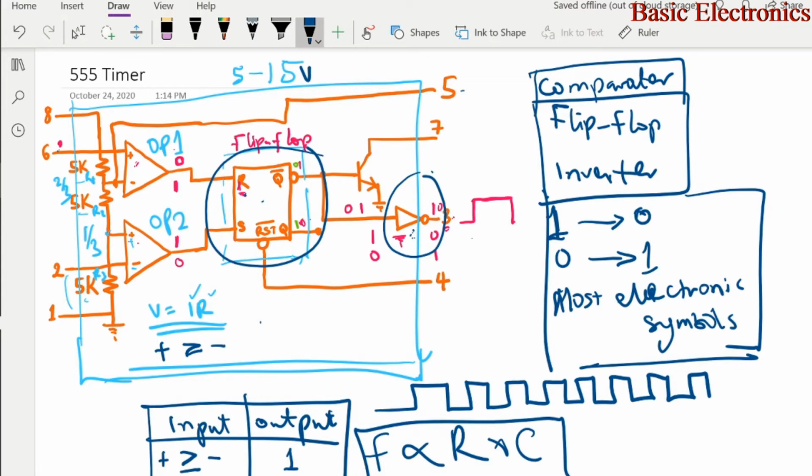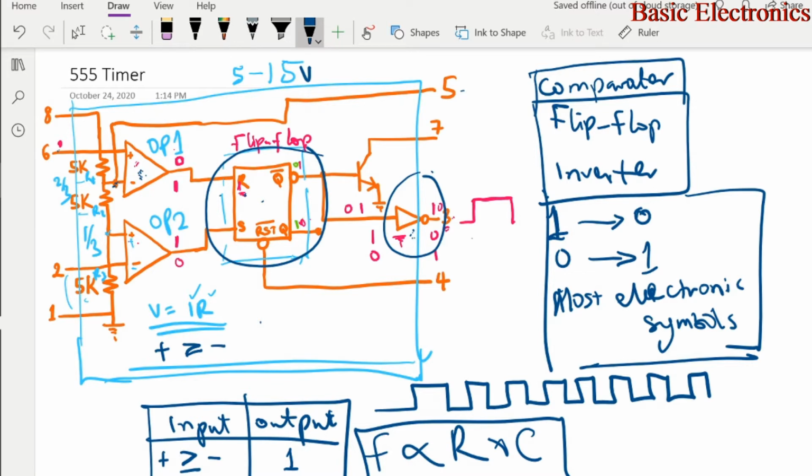So you have access, let's put it that way, to changing the threshold value, or the triggering point of op amp 1 through pin 5. So if you add an additional voltage here or a capacitor, you can modulate the output, because you can change the triggering point. You can delay it a little bit, or you can make it a little bit faster by the value that you connect here.